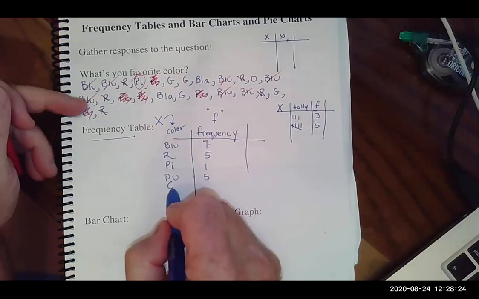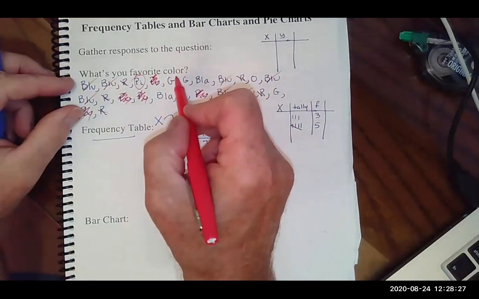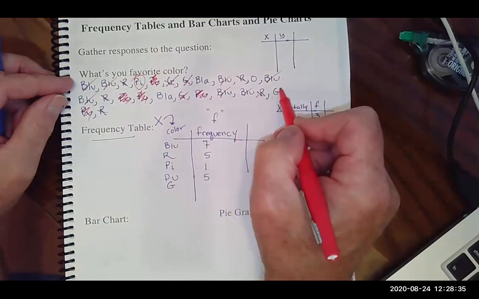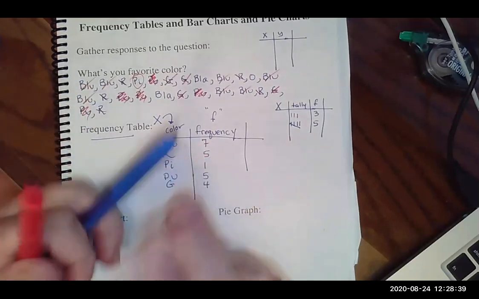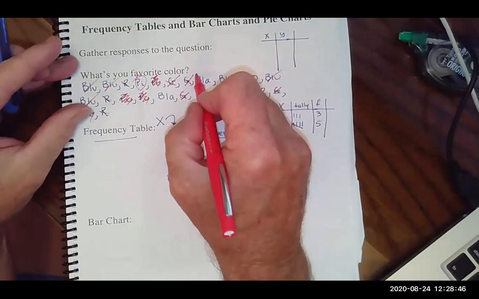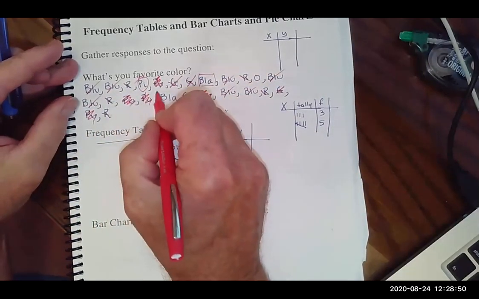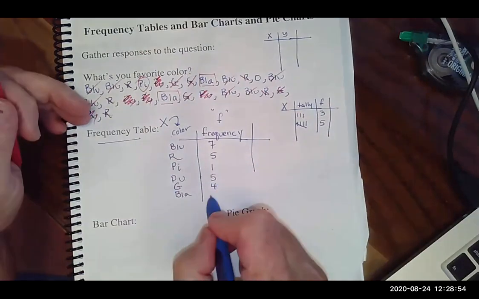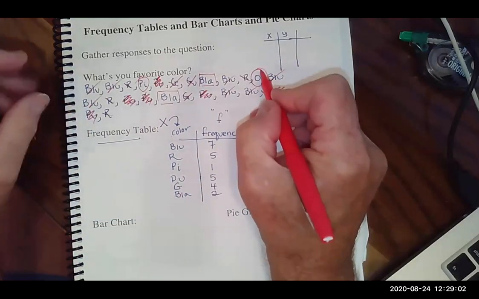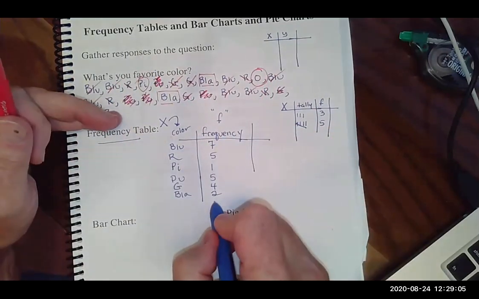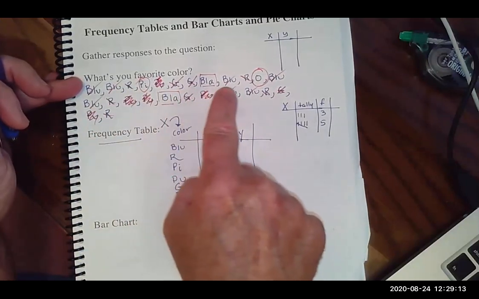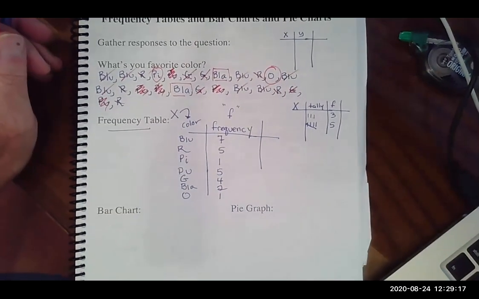Let's see. G for green. One, 2. So I'm wondering now, see, I try to make different scratch marks look differently.